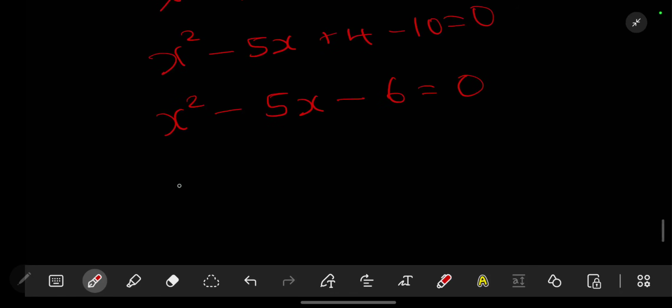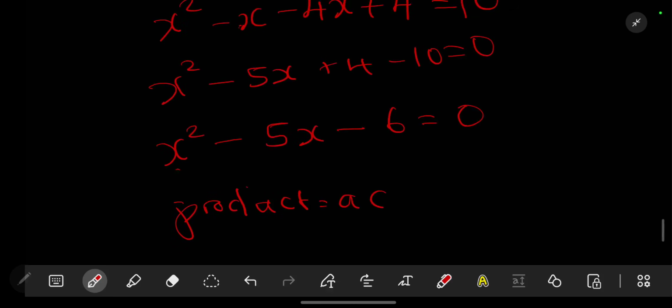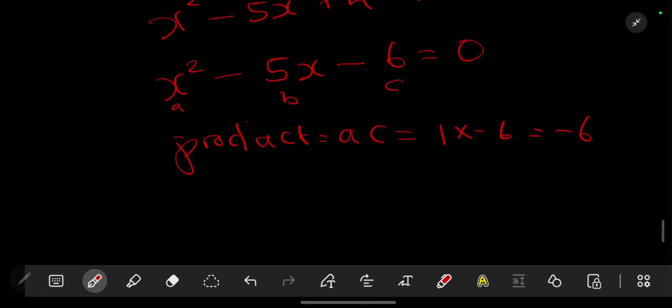Then our factors. What are our factors? So knowing that we have the product which is equal to AC. In this case, our A is this, B, C. AC will be equal to 1 times negative 6 is equal to negative 6.